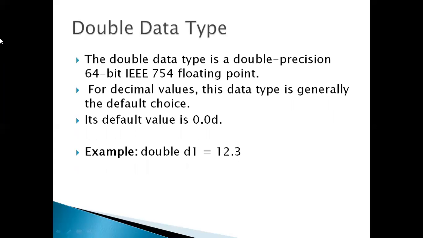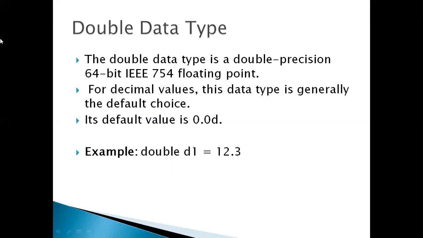Then comes the double data type. The double data type is a double precision 64-bit IEEE 754 floating point. So it is 64-bit. The size is double that of float. Float was of size 32-bit, whereas double is of size 64 bits. For decimal values, this data type is generally the default choice.